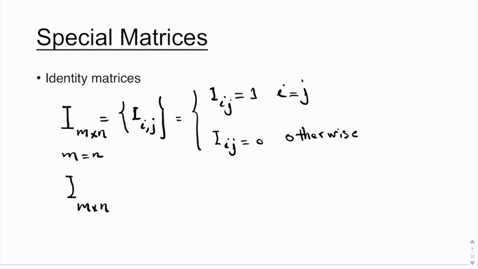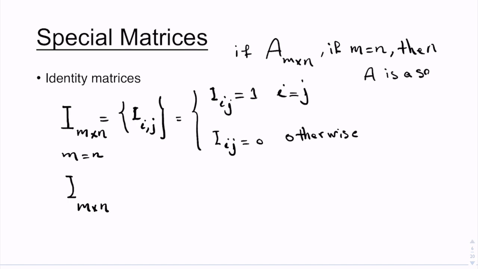So if we define a matrix A of dimension m times n, and if m equals n, then A is a square matrix. Therefore we can write this as m by m.